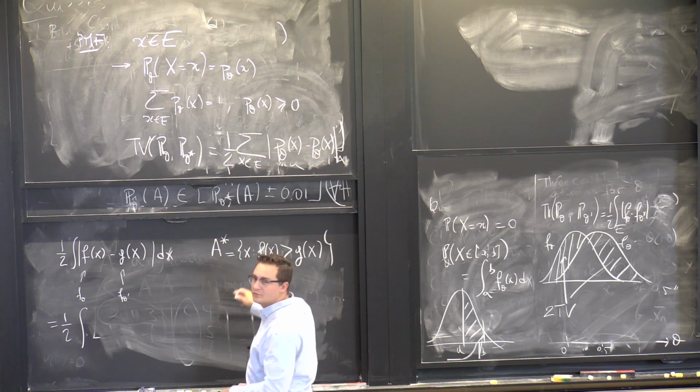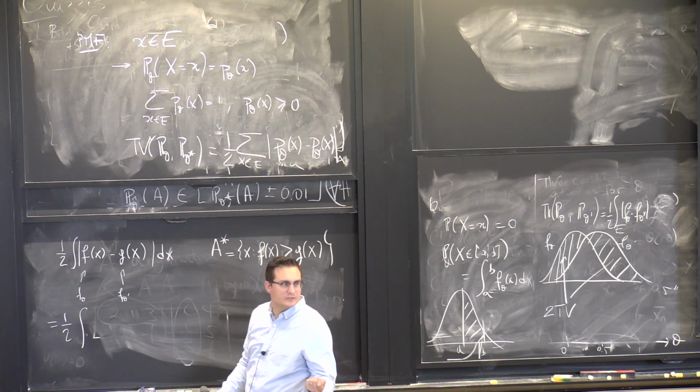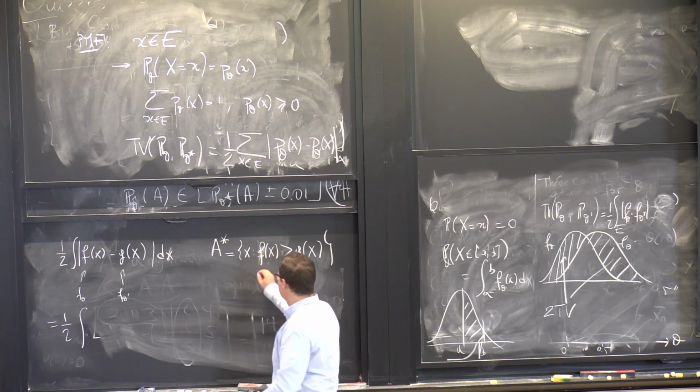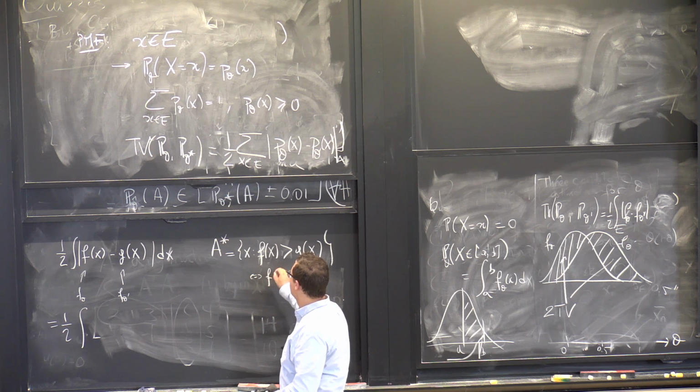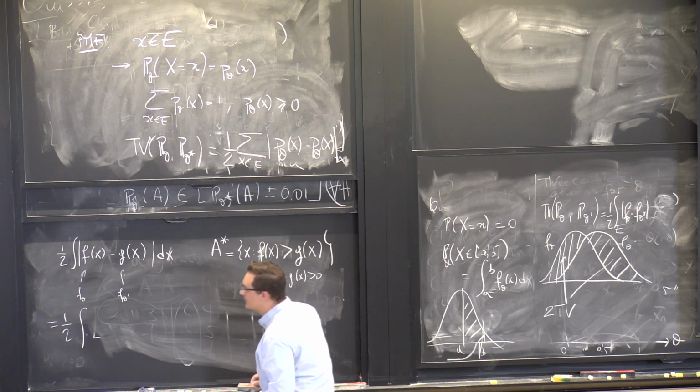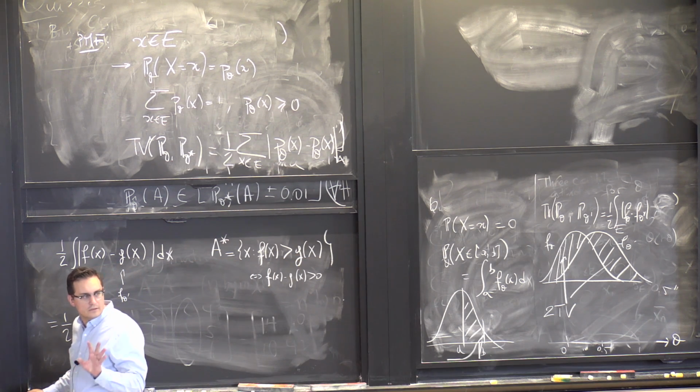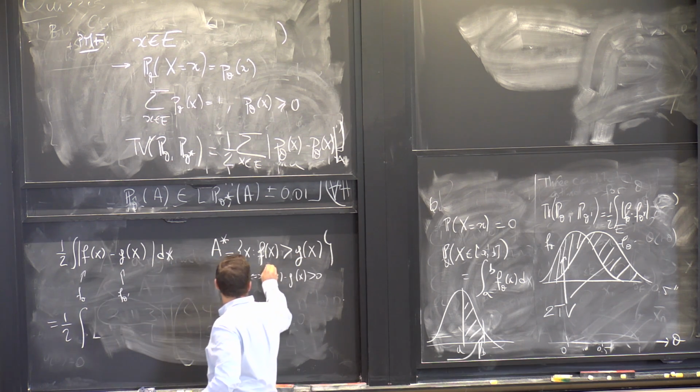That's the set on which the difference is positive, so this is equivalent to f of x minus g of x being positive. Okay, everybody agrees? So this is the set I'm interested in.